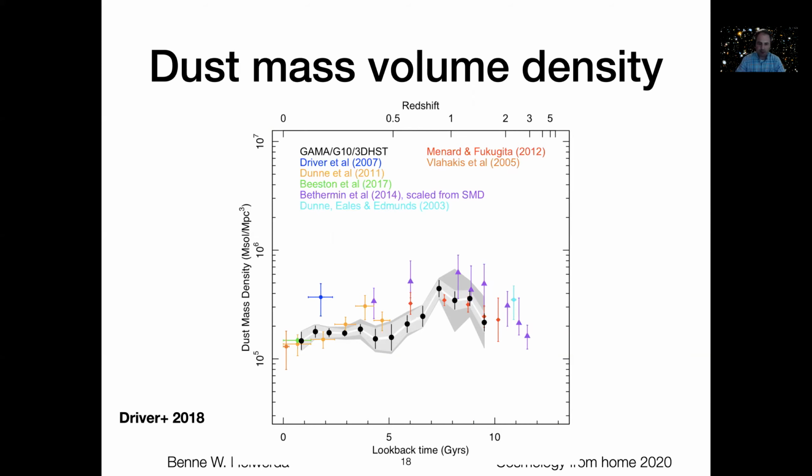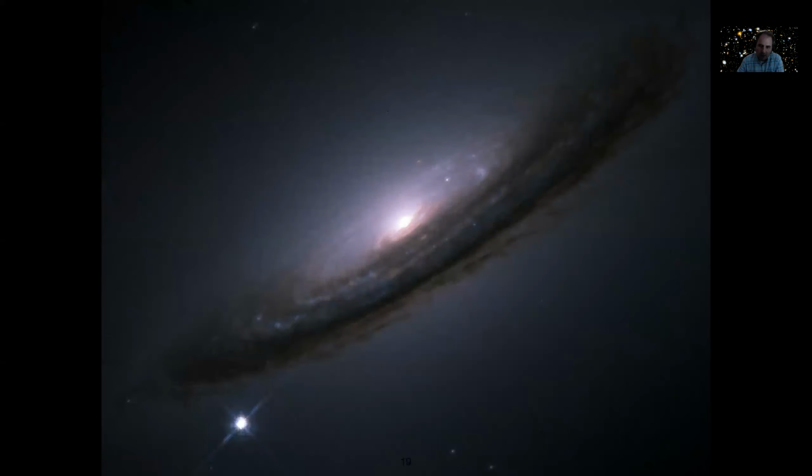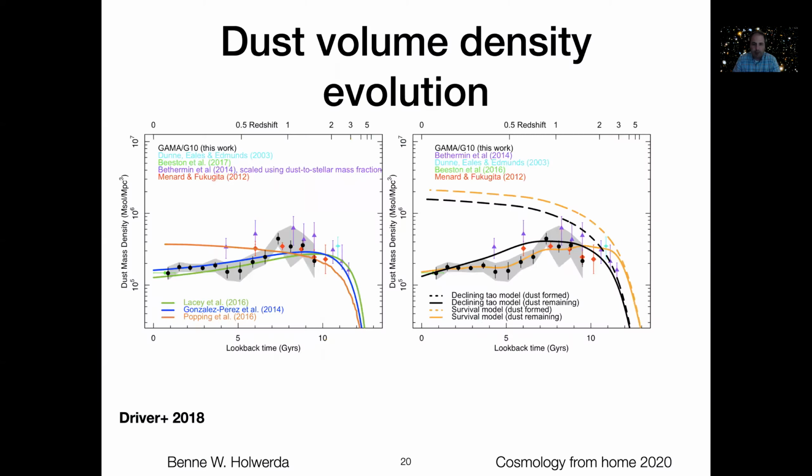And so the volume density of dust in all the galaxies is fairly flat-ish, but I did notice a bit of a peak around redshift 1, which is also where we see a bit of a peak in the supernova rate. The fact that I just squinted and saw two peaks got me going on seeing if this could actually help with the supernova problem.